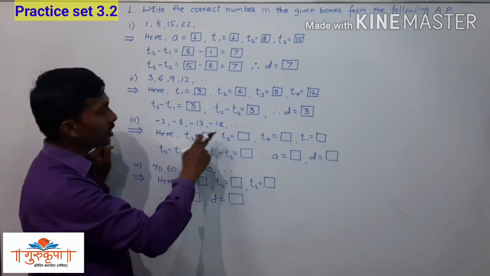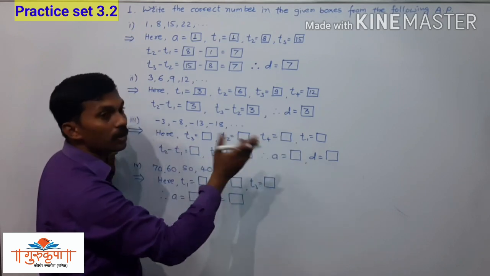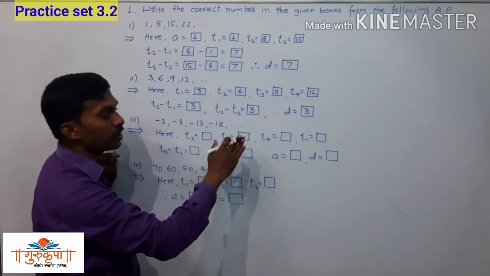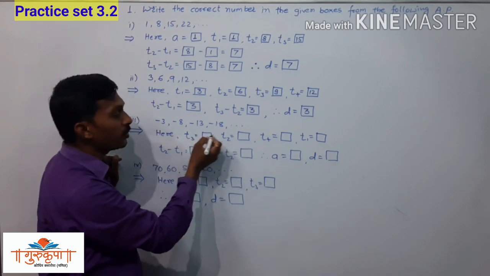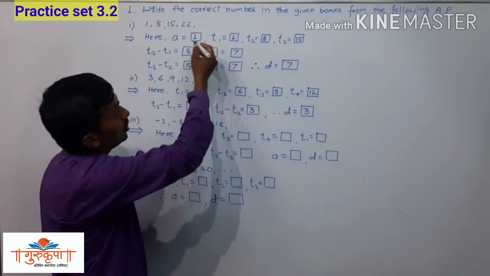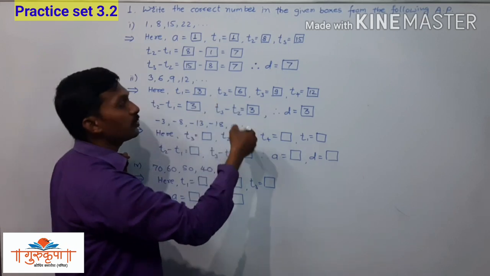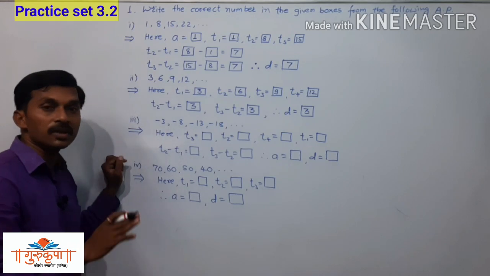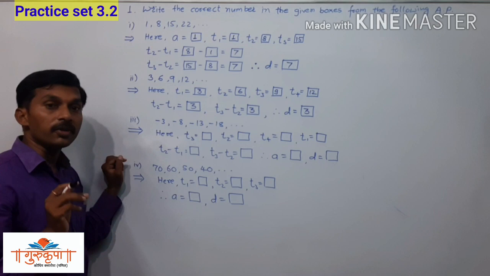Now in the third example, if we observe carefully, the sequence of the terms is changed. Some students directly write T1, T2, T3 and T4. In the first and second examples, the terms are given in order, but in the third example the terms are not given in the proper order, so you have to take care about this.